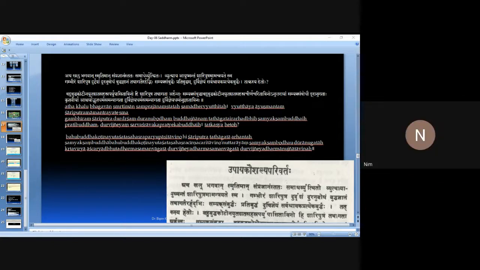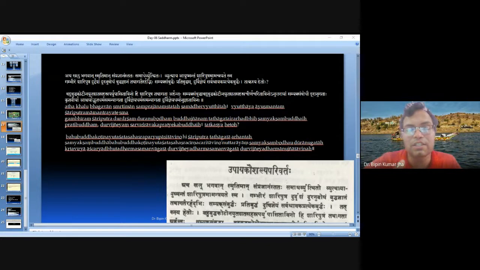The next word is samprajanam. You see, there are two terms there: samprajanam tataha. If you see the Sanskrit term, it will be samprajanan and tataha. You will not find sa there, but here you are finding sa. So you need to see how it is split.